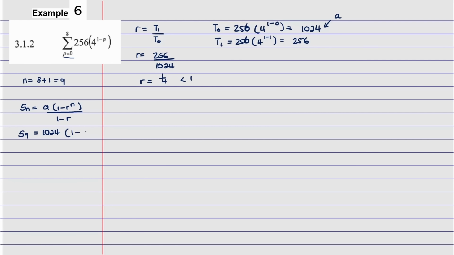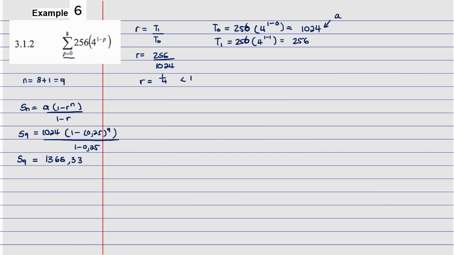Open bracket 1 minus 0.25 to the power 9, then this whole thing is going to be divided by 1 minus 0.25. Therefore, S9 here is going to be equal to the following, which is going to be 13, right?